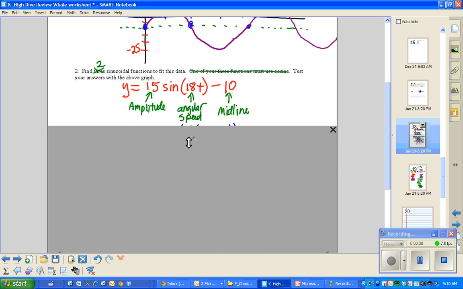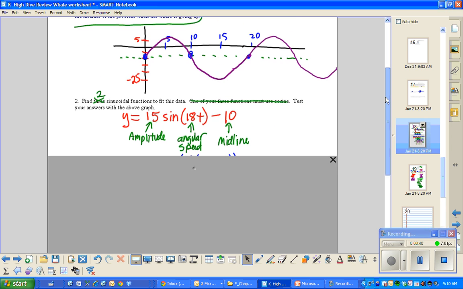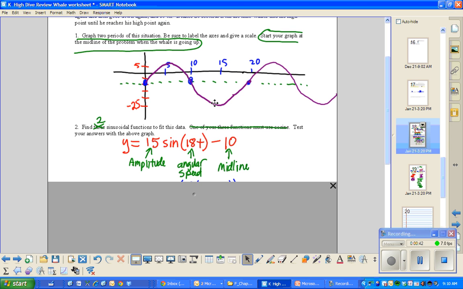Now I'm going to talk about another graph of this. So another graph of this would mean if we just took this graph and moved it to the right or left a certain amount, and it would be exactly the same graph.